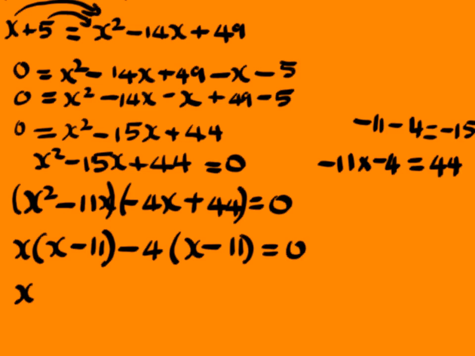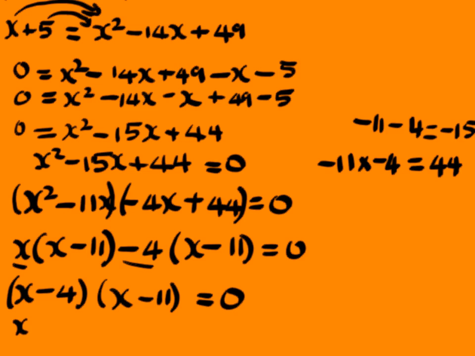Equal to 0. So we put these together, and we have x minus 4 in one bracket and x minus 11 in another bracket, equal to 0. This gives us x minus 4 equal to 0, or x minus 11 equal to 0.